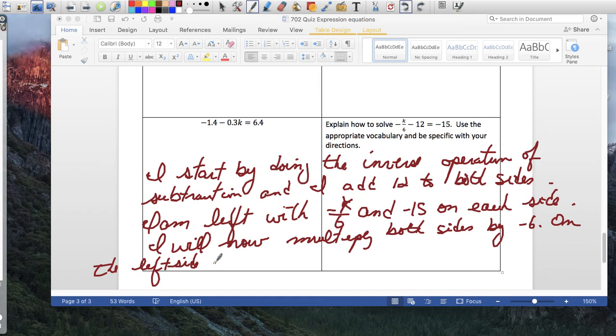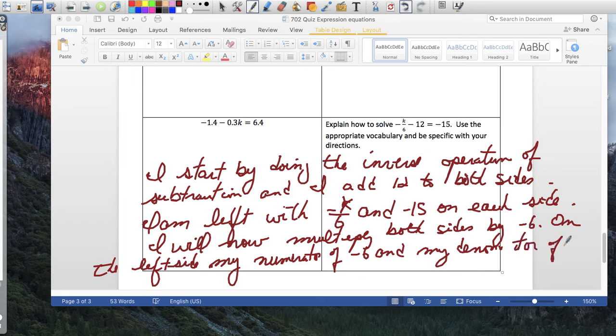On the left side, my numerator of negative 6 and my denominator of negative 6 will simplify to positive 1.